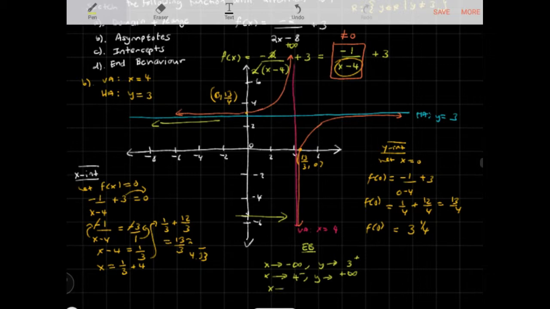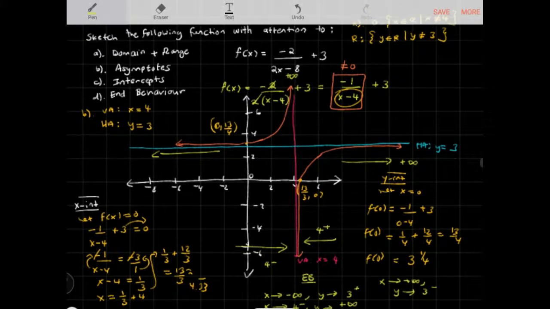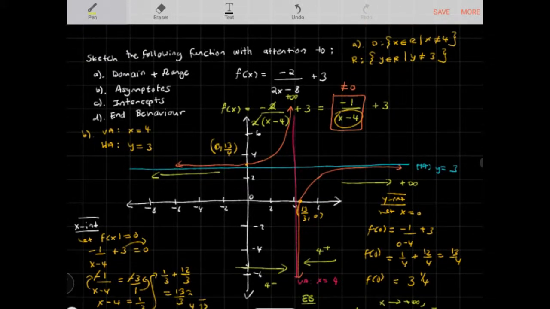Okay, and as x approaches 4 from the left side, y goes to infinity, but if it approaches the vertical asymptote from the right side, 4 positive, you can see that it's extending, y approaches negative infinity, and as x approaches positive infinity, y approaches the horizontal asymptote 3 from below. Okay, so this is the end behavior of this reciprocal function. So that's how you sketch out the function and list some of its key characteristics.